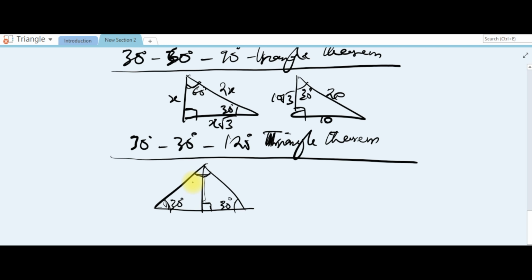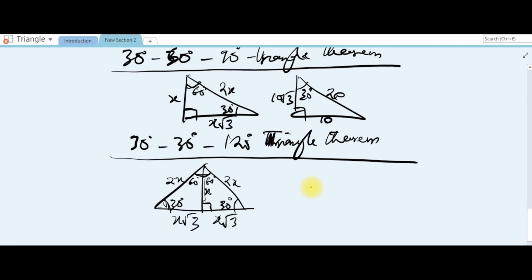Splitting it, we get 60 and 60. Assuming here is x, the one facing 30, whatever is here must be x root 3, and here should be x root 3, and here is 2x, while here is 2x.